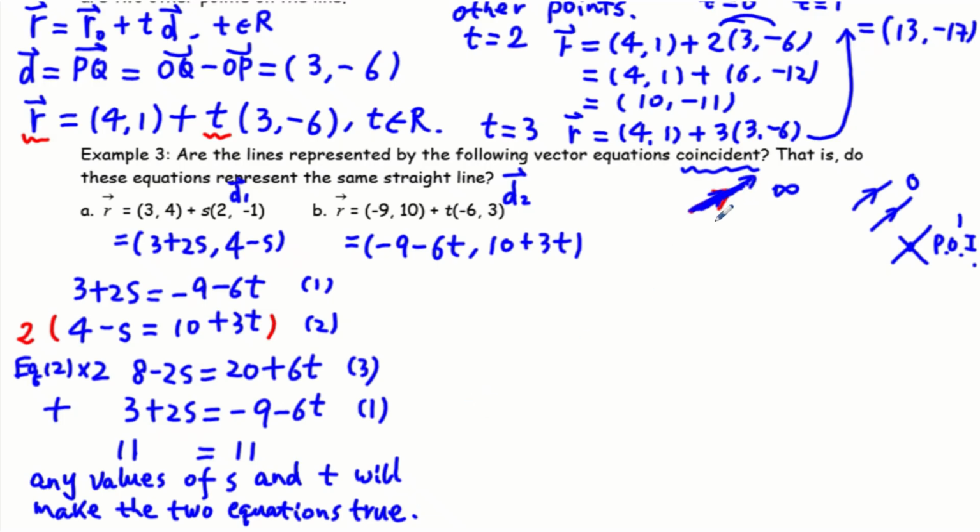So you have infinite solutions for these two lines. So therefore, we are going to write: infinite solutions, infinite points of intersection.